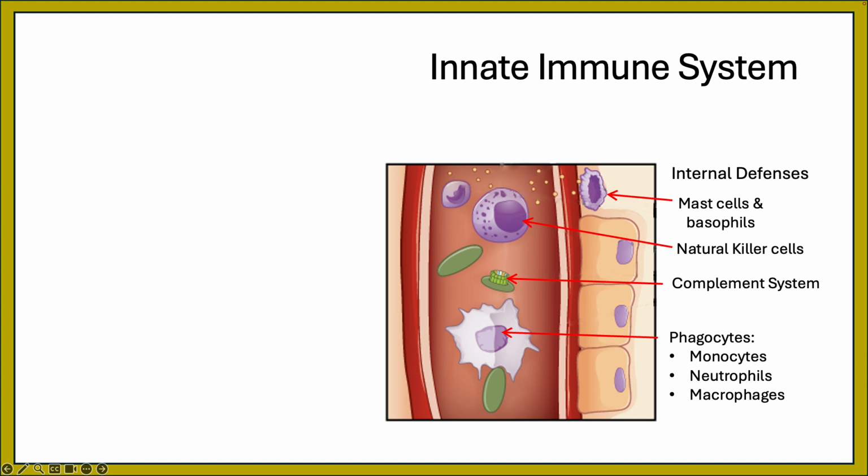You have the complement system, which is acellular, but works with the cells as well as performing its own function to help drive the innate immune system. And then you have different phagocytes, which take up and engulf invaders, like your macrophages that are derived from monocytes, and your neutrophils.